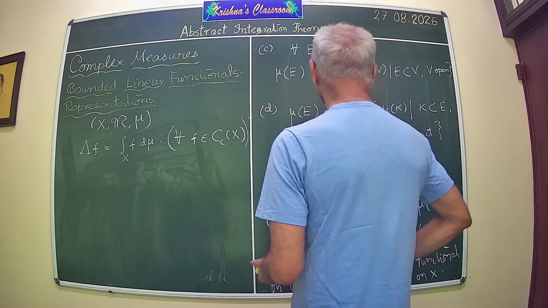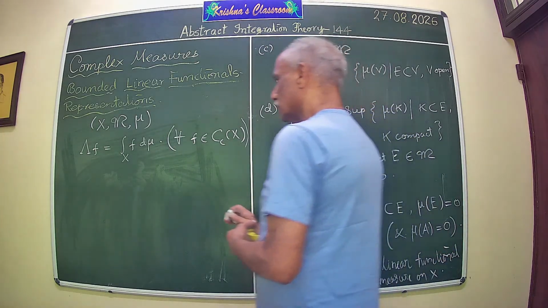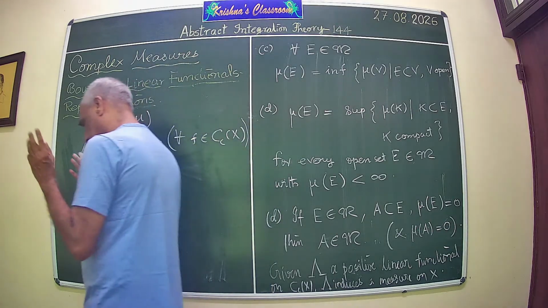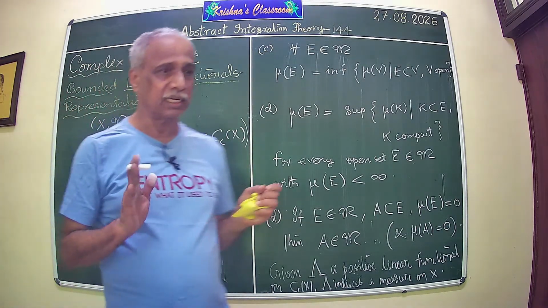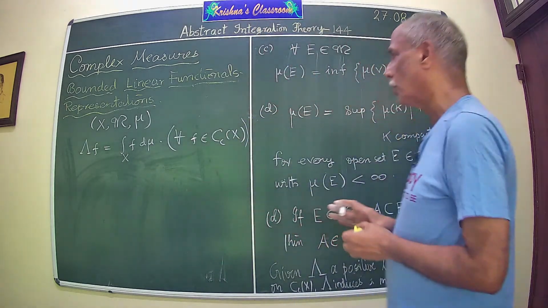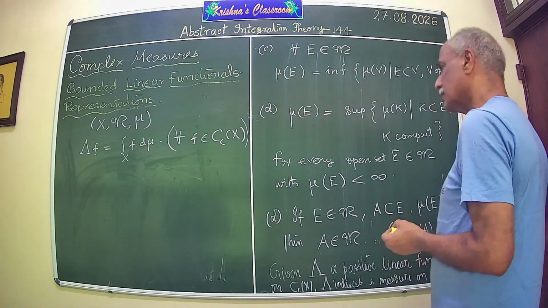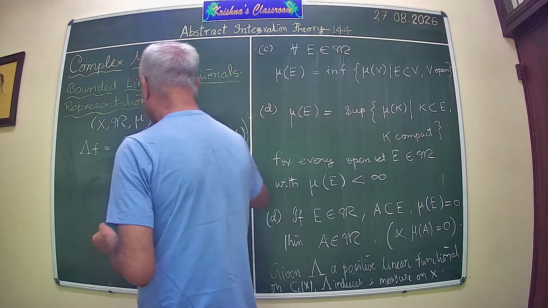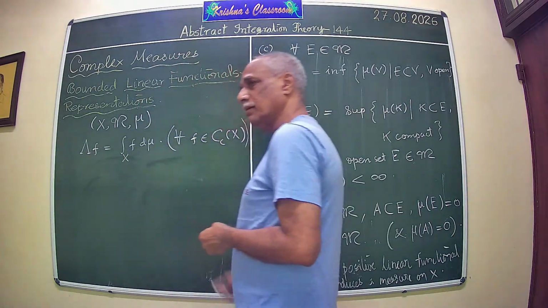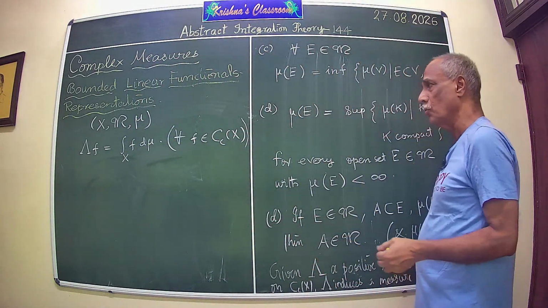And all the measurable sets are given like this. So what you have is a class of measurable sets which consists of all Borel sets. Borel sets are the collection of the sigma algebra which contains all open sets.